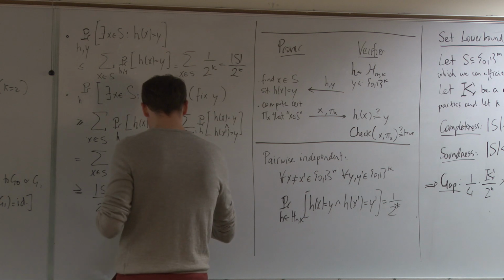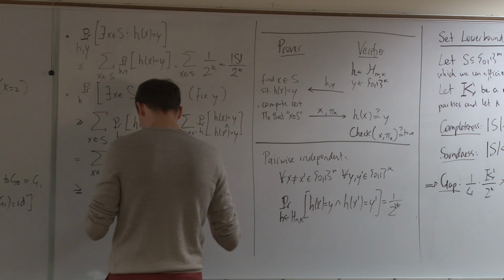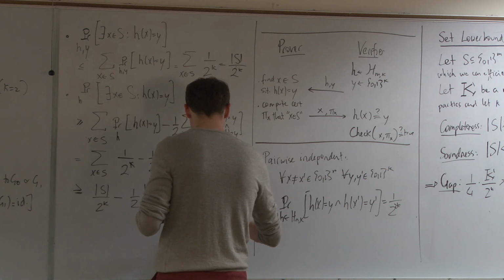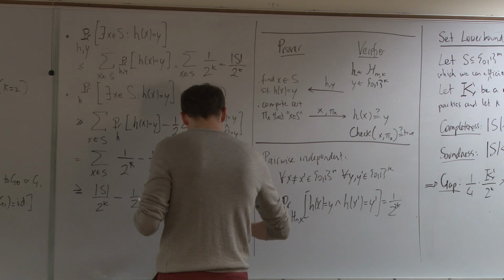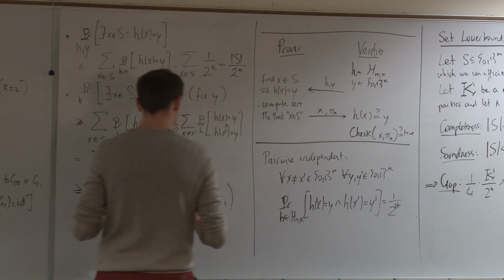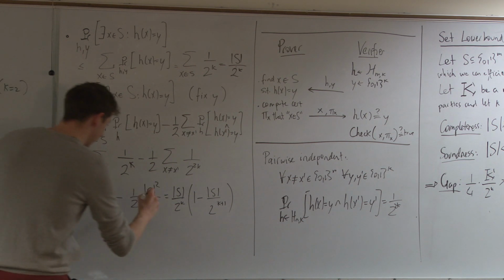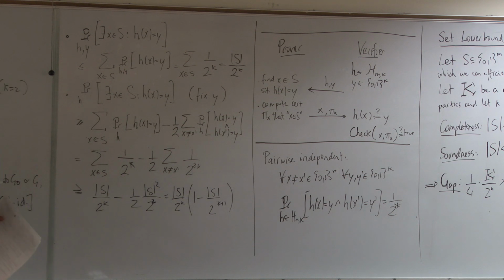And this is S over 2 to the k times 1 minus S over 2 to the k plus 1. Okay? There's a 2k here. Yeah. Do you agree?